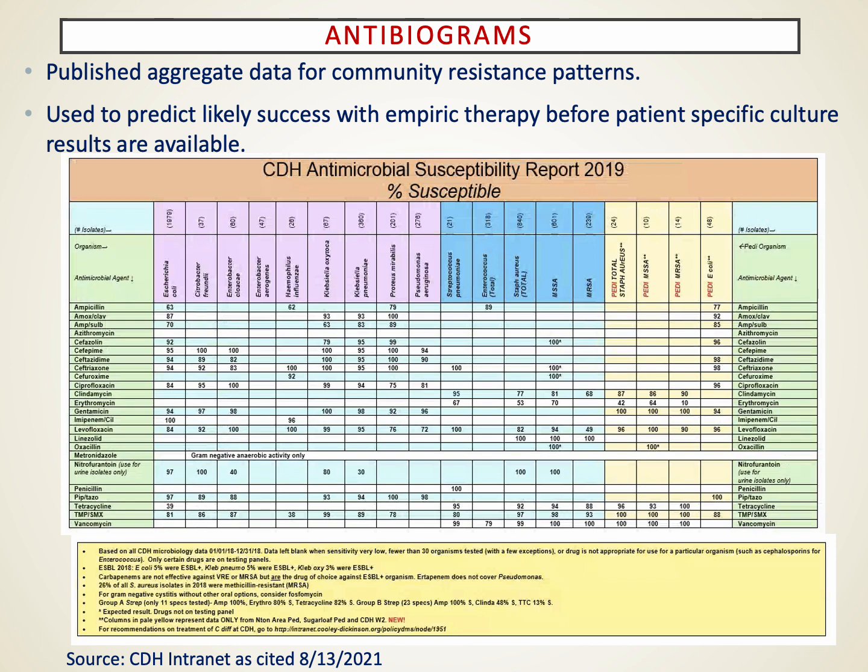But because the patient is so sick, you have to start therapy now, and you know you won't get that culture result back for 48, 72 hours. Then you're going to choose the therapy empirically, based on the likely pathogens you're going to see at that site of infection, and then what your community track record is for these antibiotics. What's the likelihood in your community of whether that antibiotic's going to work or not? And you're going to use this antibiogram to help you decide that.